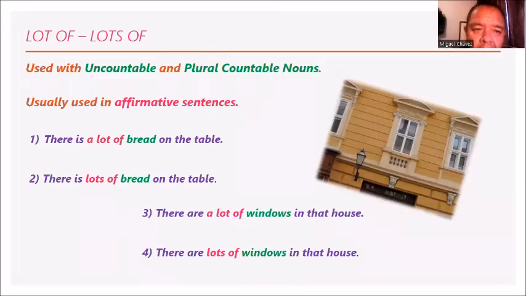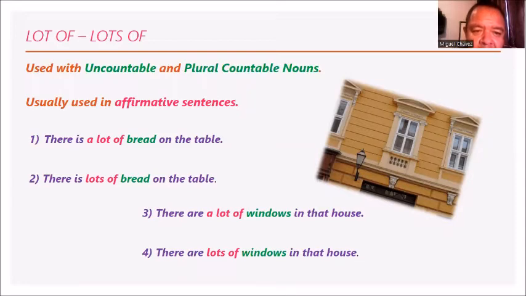A lot of or lots of are commonly used in the same way. They don't have differences in the meaning. They are used with uncountable and plural countable nouns, and they are usually used in affirmative sentences. Let's check these examples.